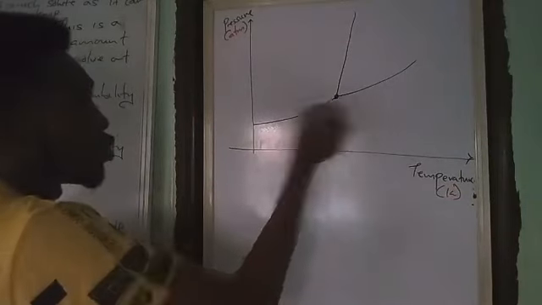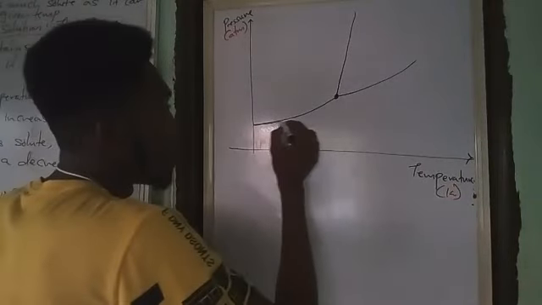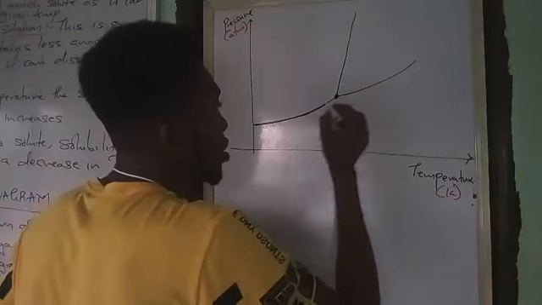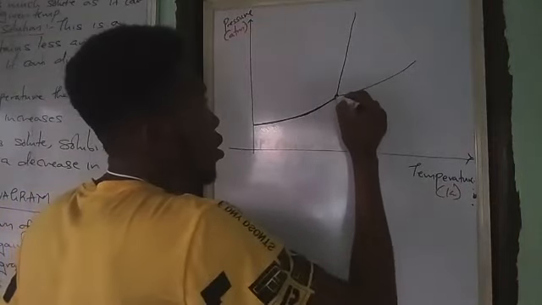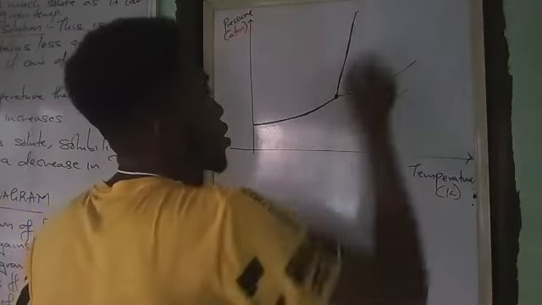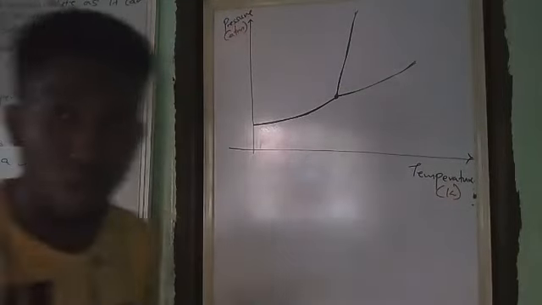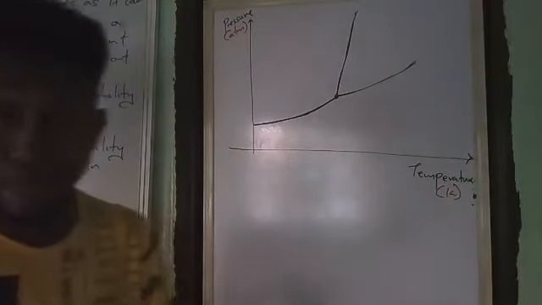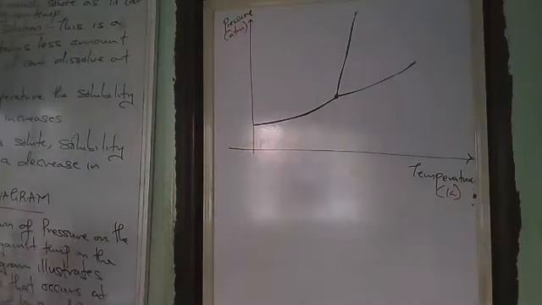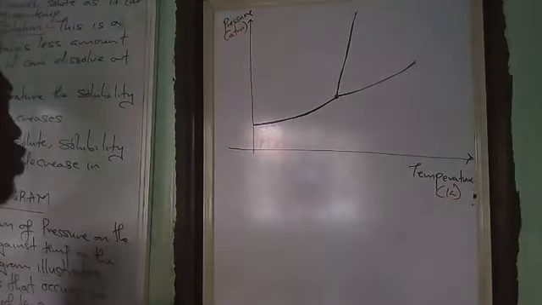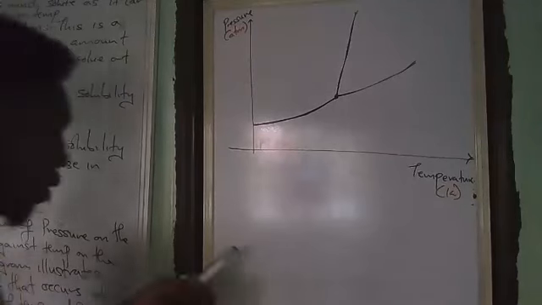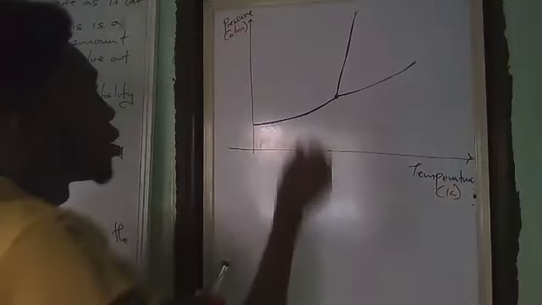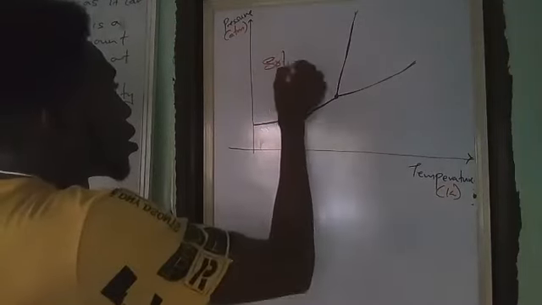I will still explain it to you. Each of these lines serves as a boundary of phase transition. When we mean phase transition, change in state is what we refer to as phase transition. Okay, so now this region here stands for our solid phase.